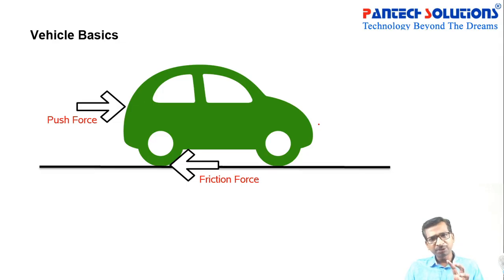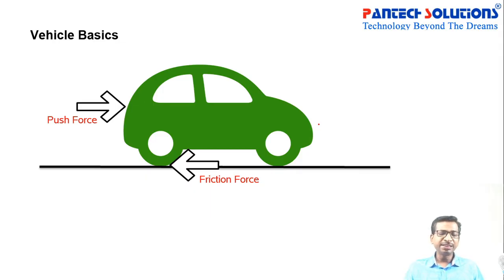That is called the propulsion force. That force will be in the direction of your vehicle's movement. And in the opposite direction, the friction force will be there, because the wheel is lying on the road. So that is called the friction force.